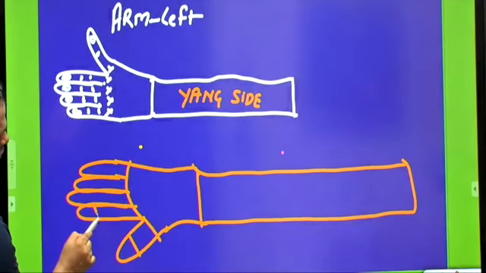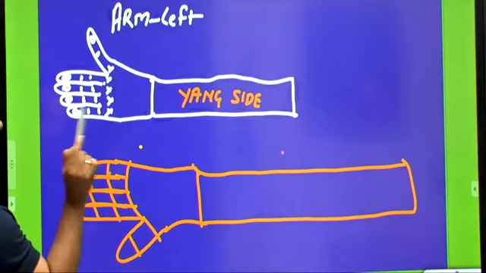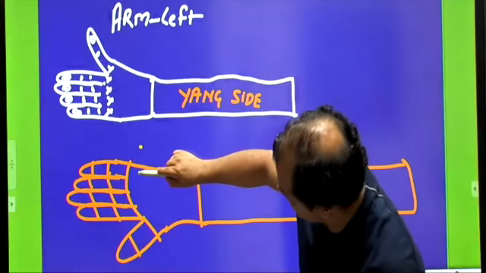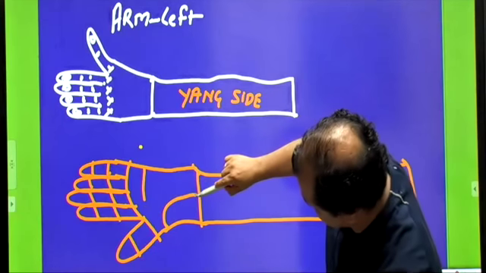So this is the palmar side, and we can also see the multiple lines in the arm.